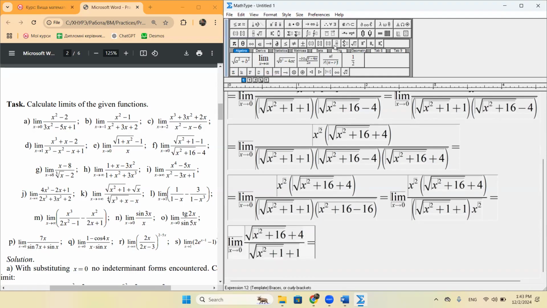So what we have here is a fraction: 0 in power of 2 plus 16 plus 4, and the same, 0 in power of 2 plus 1 plus 1.